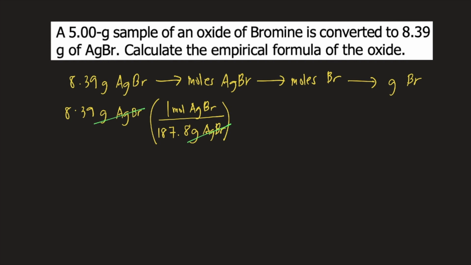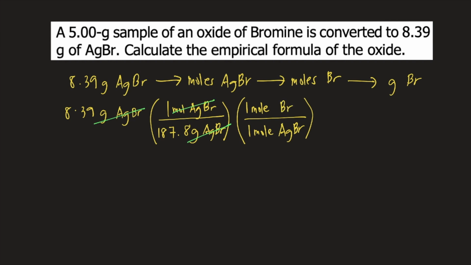To convert moles of AgBr to moles of Br, we just look at the chemical formula of AgBr. So if we look at the formula of AgBr, 1 mole of AgBr contains 1 mole of Ag and 1 mole of Br.